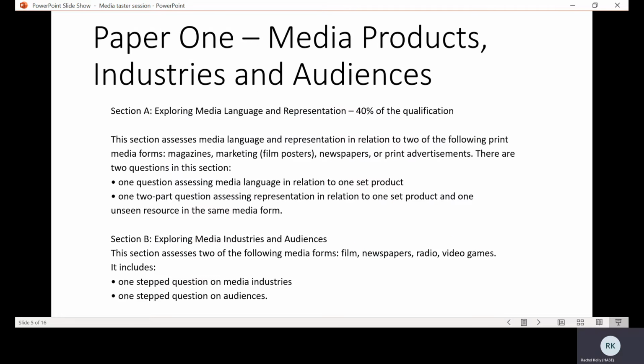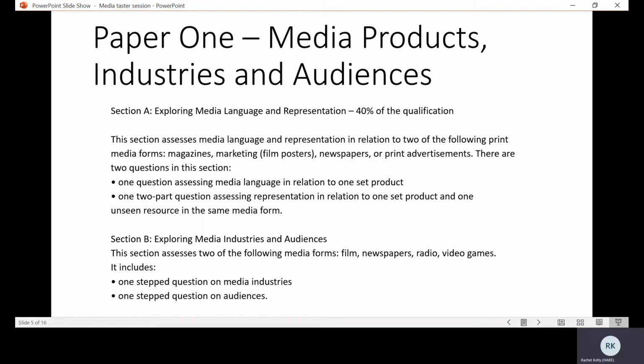Just to go through very quickly what you will expect from your exam. First of all, in component 1, which is paper 1, section A, exploring media language and representation, which, like I said, is 40% of the grade. This assesses media language and representation, like it says there. And you will look at 2 of the print products that we study.